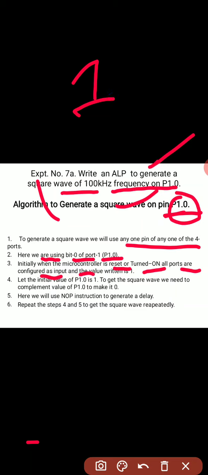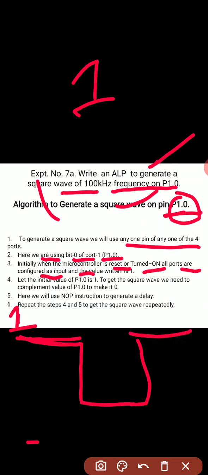That means initially the square wave will give 1, if we do not change this value before. If I keep this value as it is, then initially the square wave will have a T on period, then after that a T off period, and the same T on and T off are repeated.